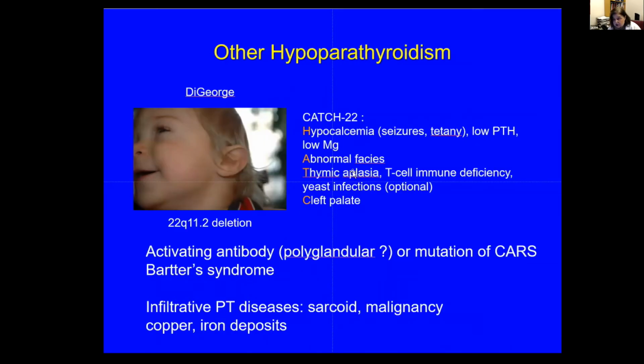This is the DiGeorge syndrome that they will ask you about. And the mnemonic is CATCH-22, and it comes with abnormal facial features, thymic aplasia, immune deficiency, cleft palate, and hypocalcemia.